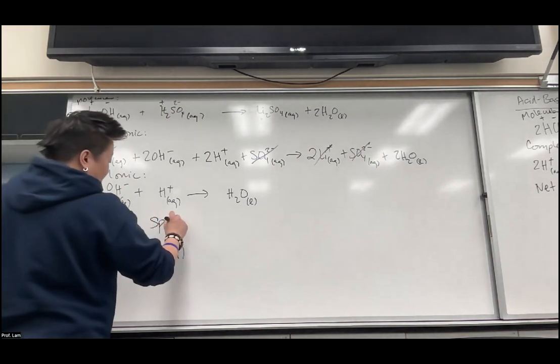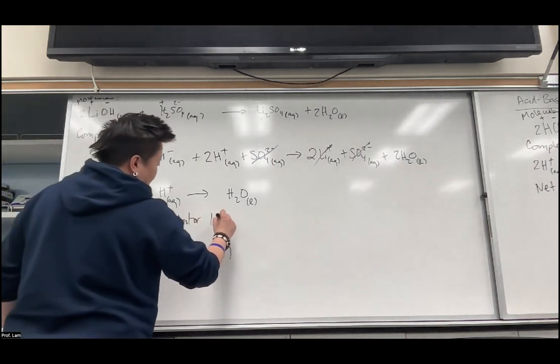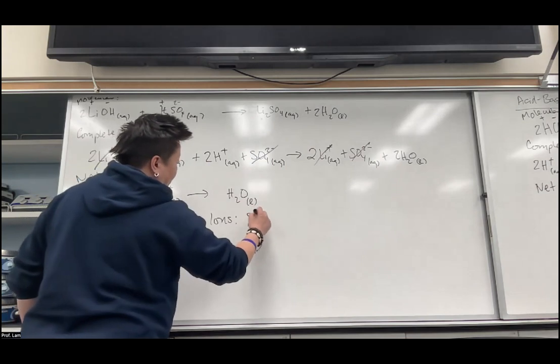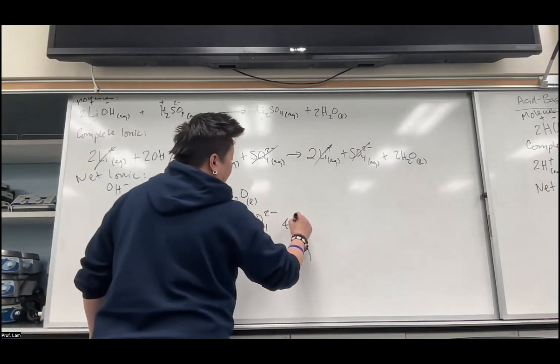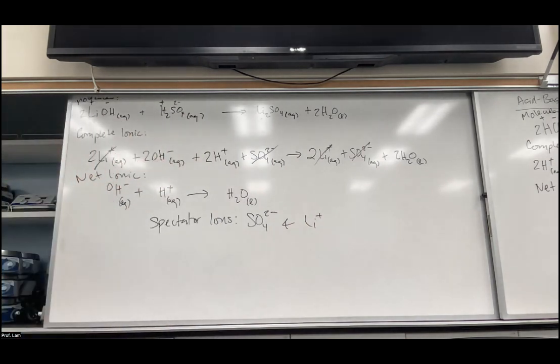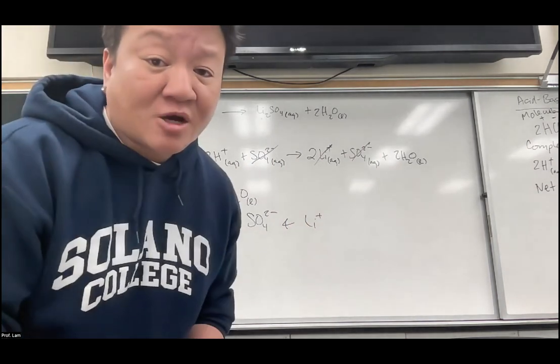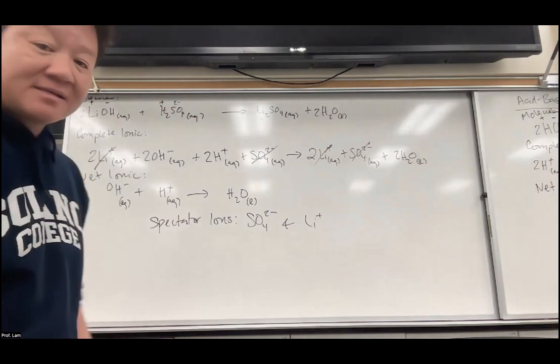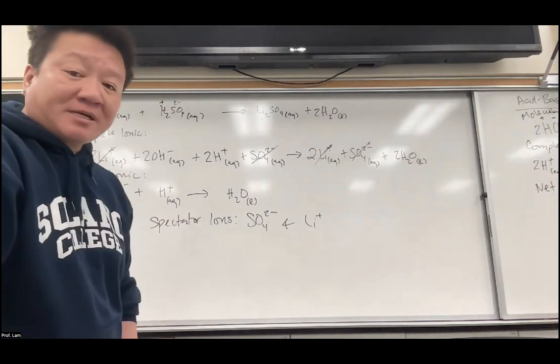So the spectator ions are SO4 2 minus and Li plus. All right, so you guys go practice that. It's the same mechanics as the precipitation reaction.